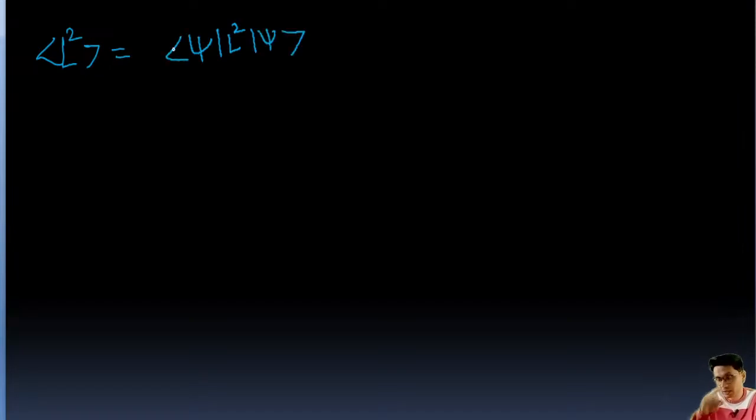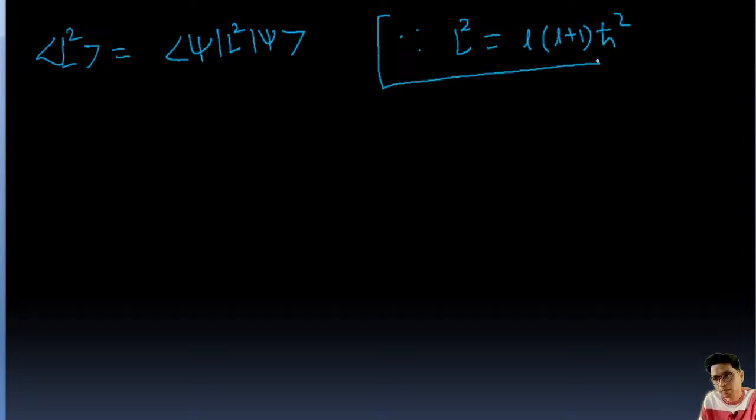We also know, guys, note down: L square equal to l into (l plus 1) h cut square, where l is the angular momentum quantum number. So we'll put the value.